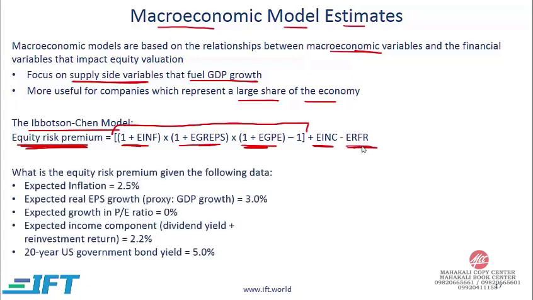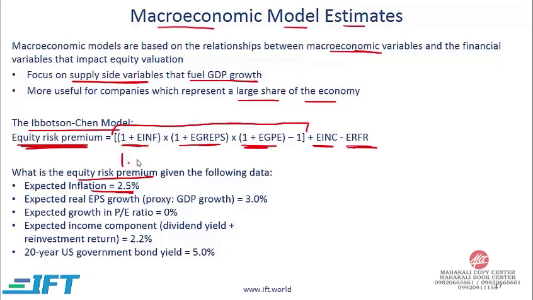Now let's illustrate this through an example. I want you to calculate the equity risk premium given the following data. You need to plug numbers into this equation and come up with the equity risk premium. So here is what you need to do. The expected inflation is 2.5%, which is 0.025.